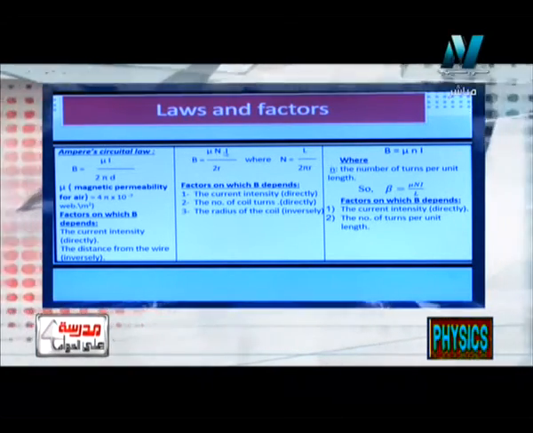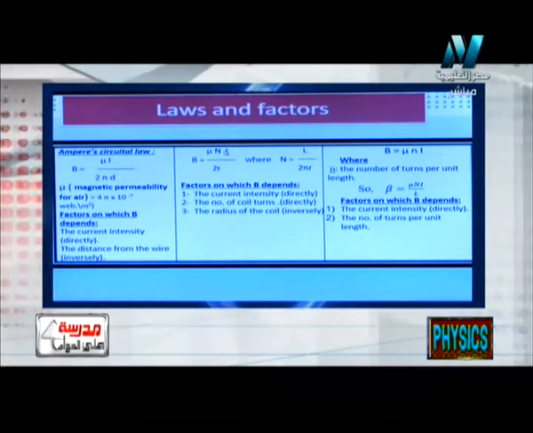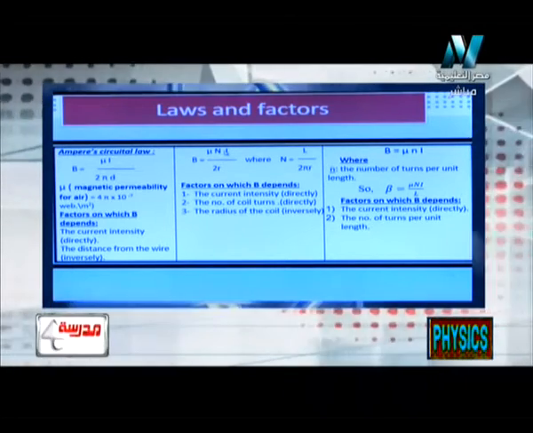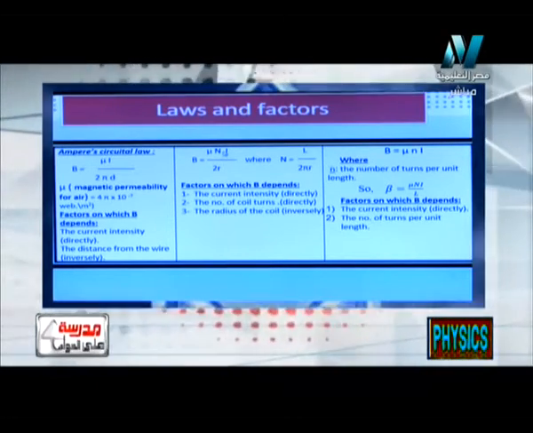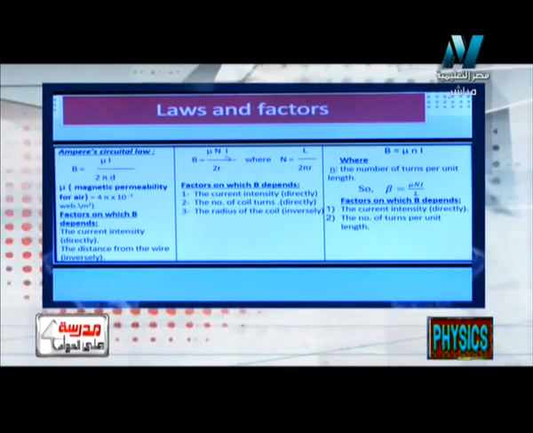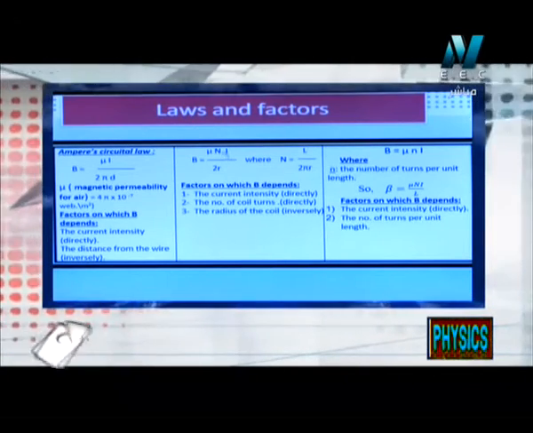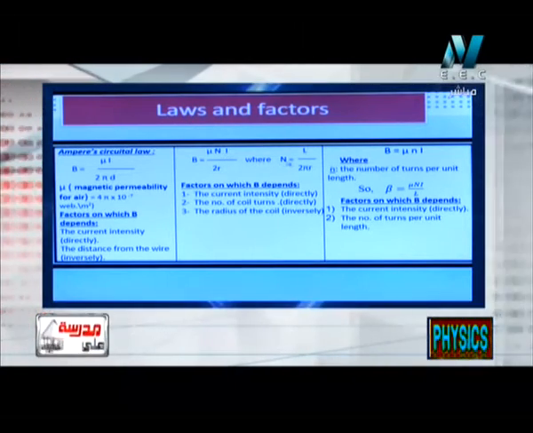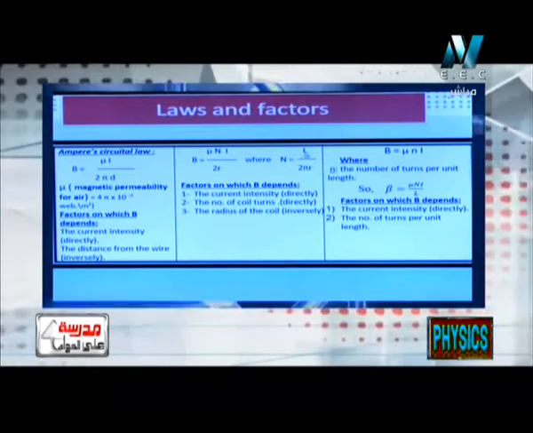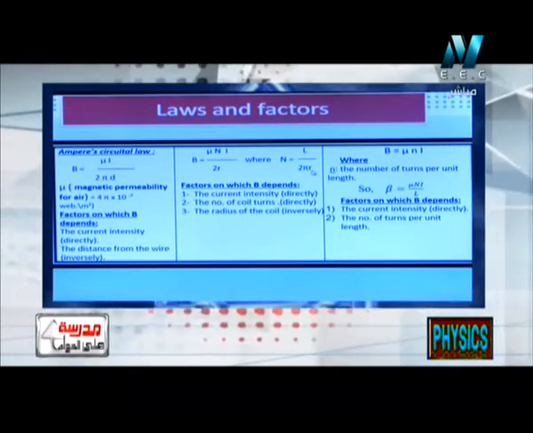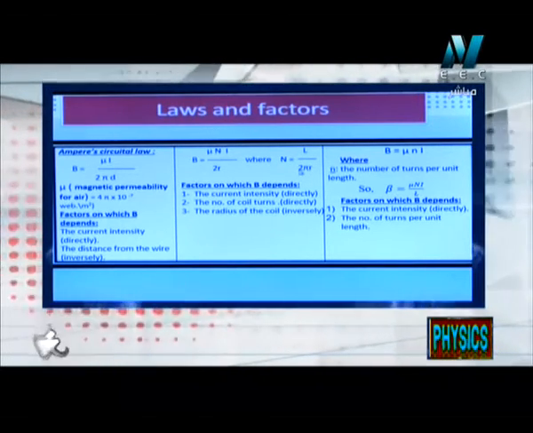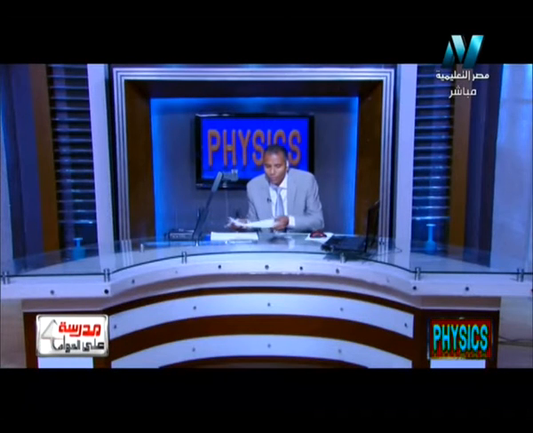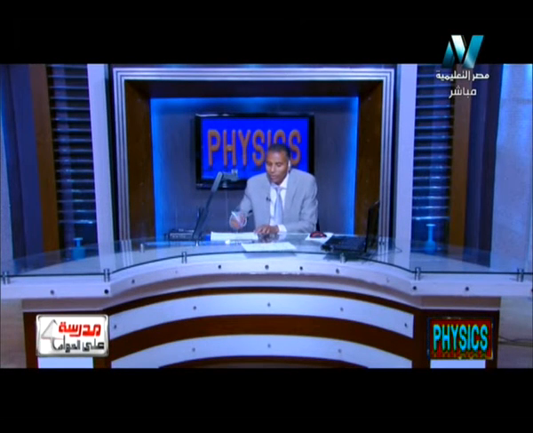How can we determine n? n can be determined from L over 2 pi r.